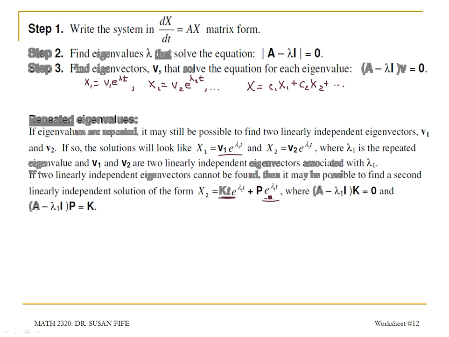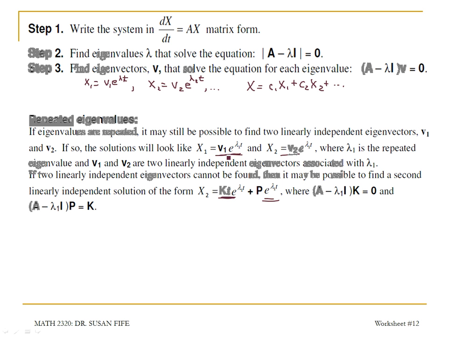With repeated eigenvalues, if you have a larger than 2x2 system, then it may be possible to find two linearly independent eigenvectors. If you do have two linearly independent eigenvectors, then you could have two solutions that both have e to the lambda 1 t, but with two different eigenvectors multiplied. Now with the 2x2 system, this almost never happens, but with the larger systems, it is possible.